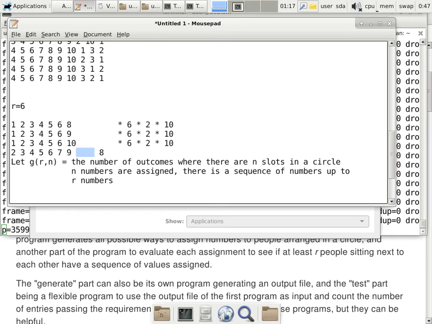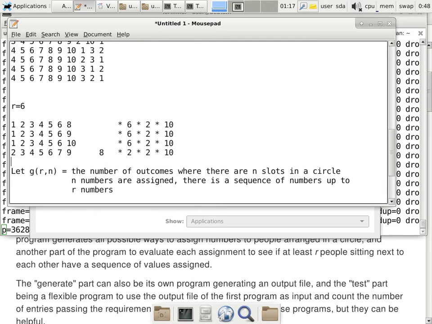But this time it's more limiting because this one now only has 2 permutations instead of 6. Once we lock down the two numbers, times 2 for the bidirectional thing, you know, clockwise versus counterclockwise, and 10 for the rotational. Okay, same 6 numbers.